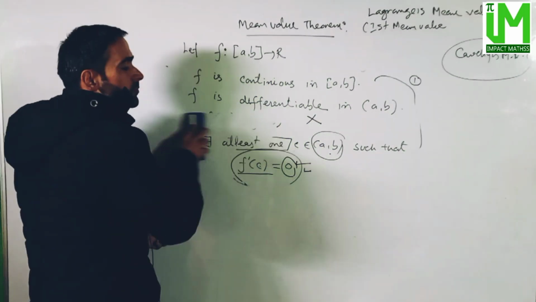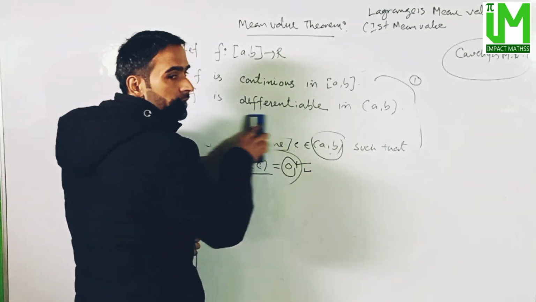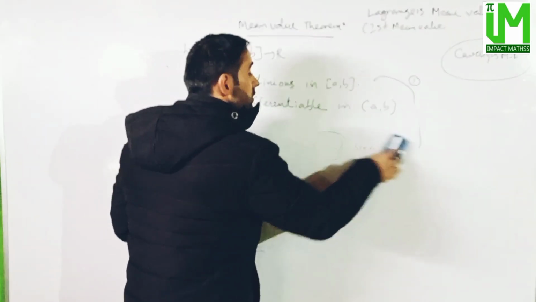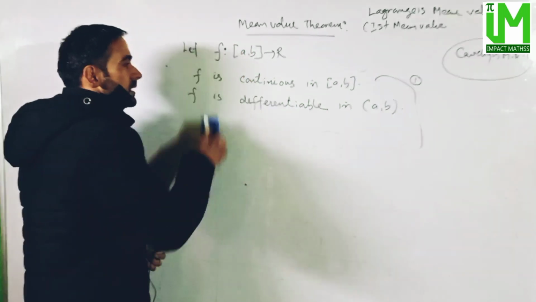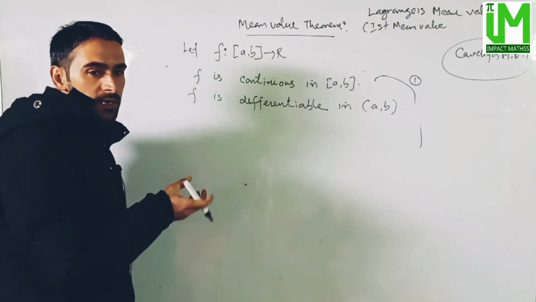That means we only need two conditions in the mean value theorem. So the statement is only this: f is continuous in [a, b], f is differentiable in the open interval (a, b).